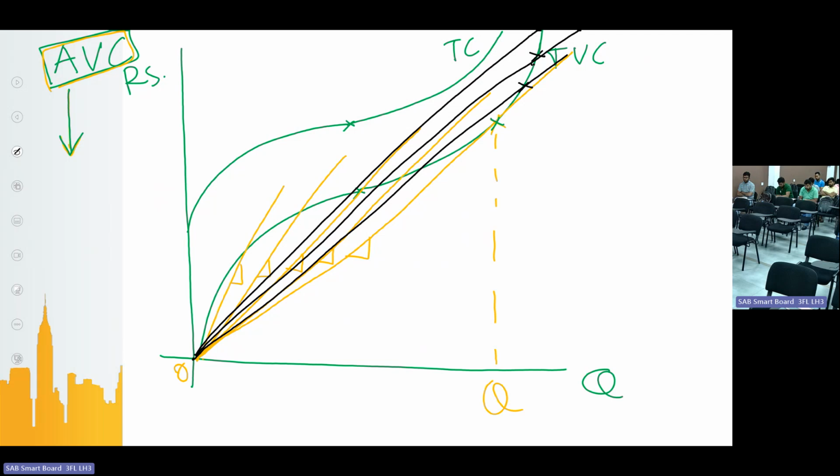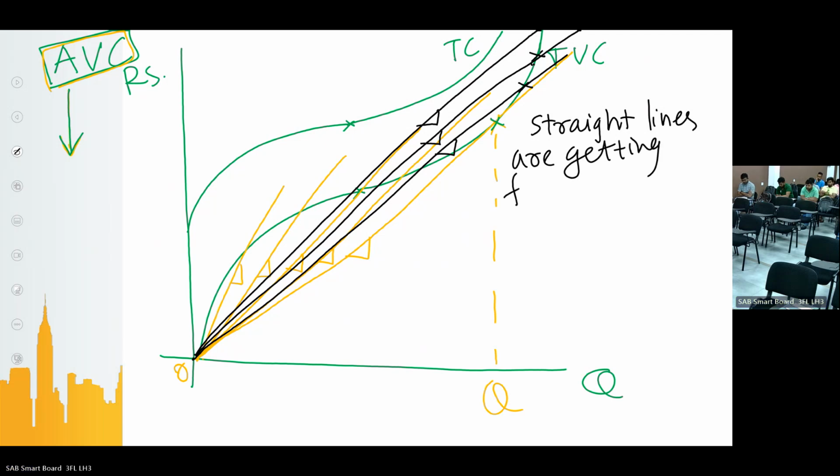After reaching that straight line, the slope increases. The straight line is getting steeper. Initially, the straight lines are getting flatter. Over this range, AVC is decreasing.